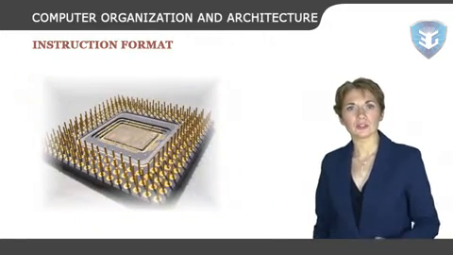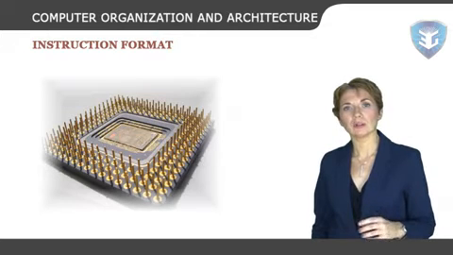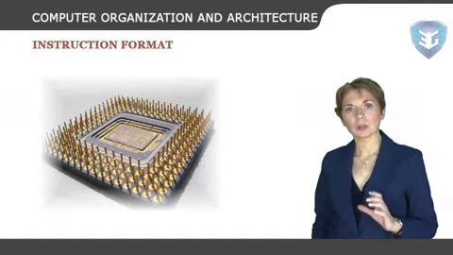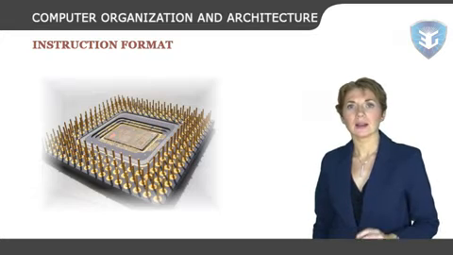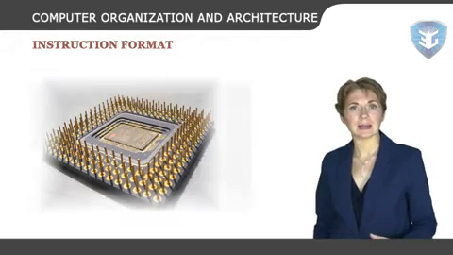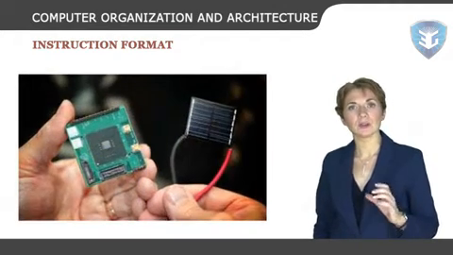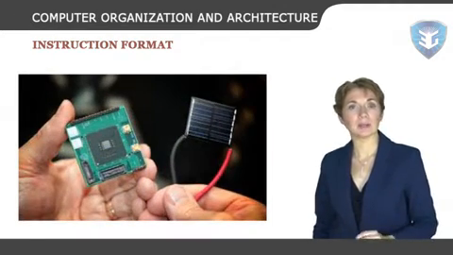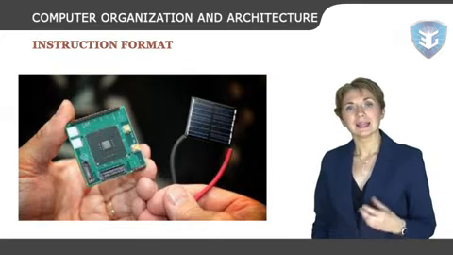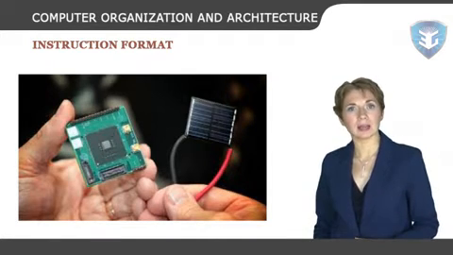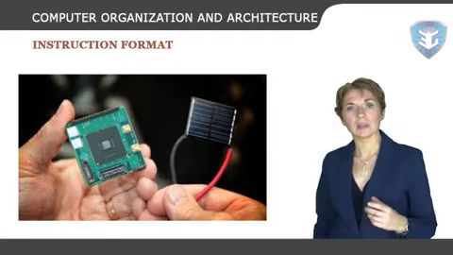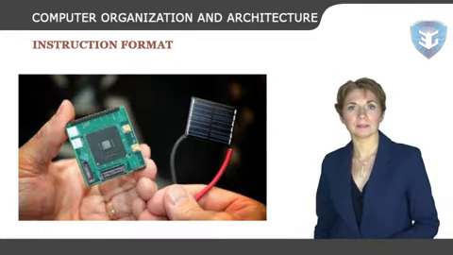Computers understand instructions only in terms of zeros and ones, which is called the machine language. To accomplish significant tasks, the processor must have two inputs, instructions and data. The instructions tell the processor what actions need to be performed on the data. These are transferred one at a time into the processor, where they are decoded and then executed.